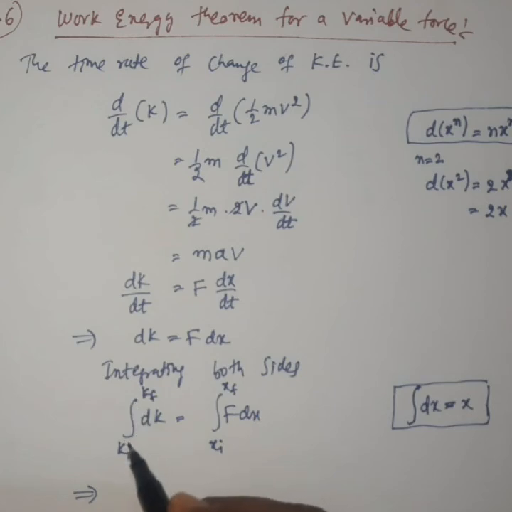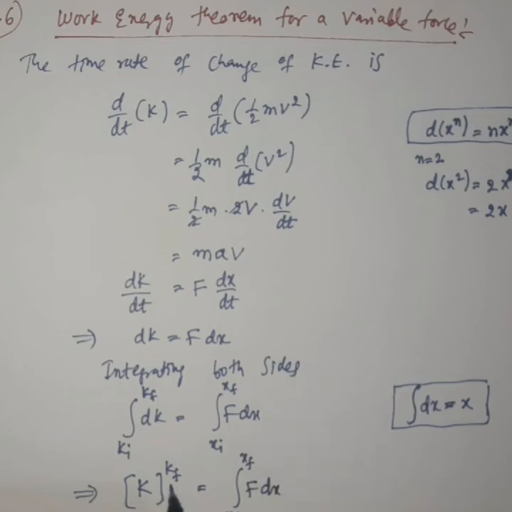Integration of dK can be written as K. The limits are initial kinetic energy Ki and final kinetic energy Kf, equal to the integration from xi to xf of F dx.